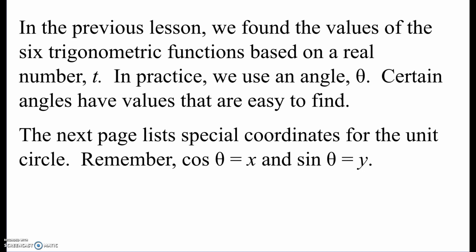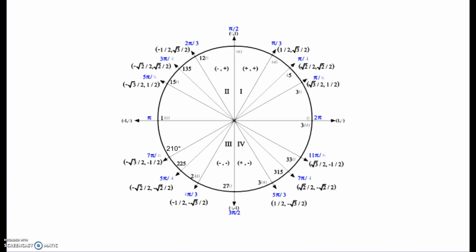Certain angles have values that are easy to find. On the next page, there's coordinates for the unit circle. Remember that the coordinates on a unit circle, x is the value for cosine, and y is the value for sine. This unit circle has angles listed in both degrees and radians.